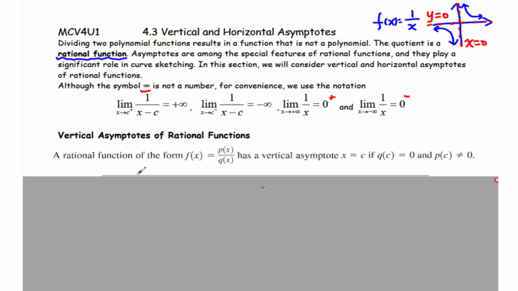A rational function of the form f(x) equals p(x) over q(x), where both p(x) and q(x) are polynomial functions, has a vertical asymptote x equals c, the vertical line. For all vertical lines, the equation is x equals a number. And the c value is from the denominator q(c) equals 0. So these are the zeros for the denominator.